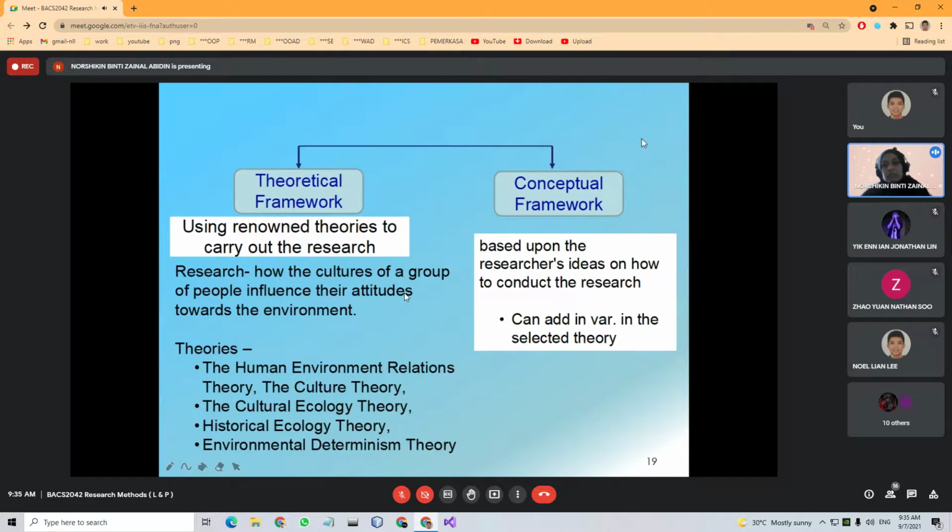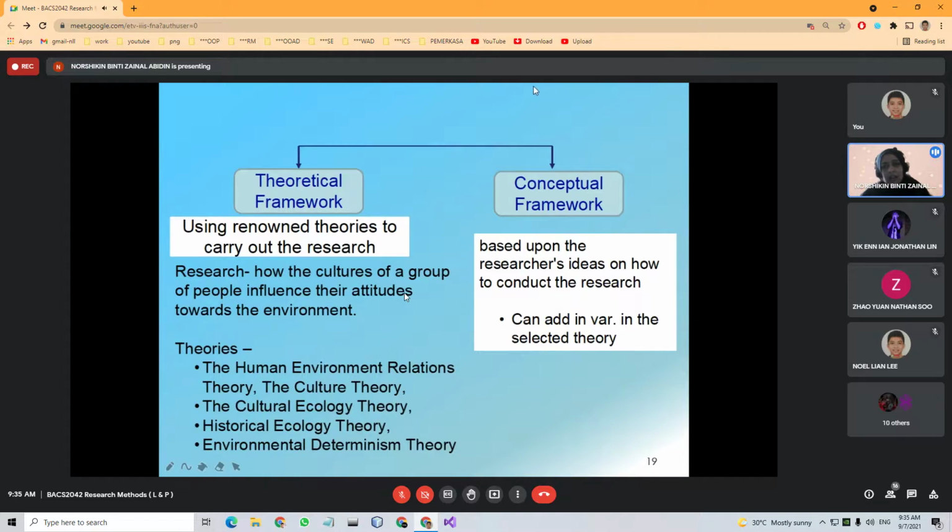And then we move to conceptual framework. Conceptual framework is not something already justified or established, but more the idea of us, like we want to prove something, so we can add a variable in this theory.